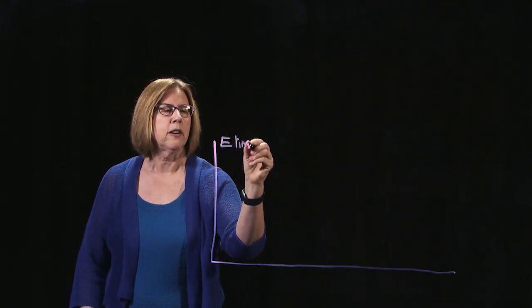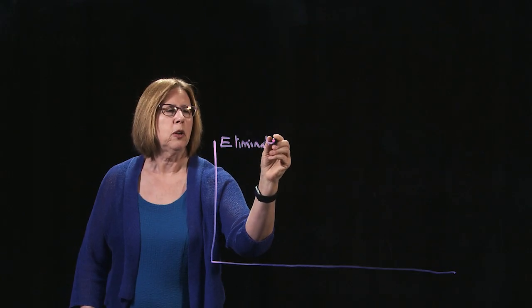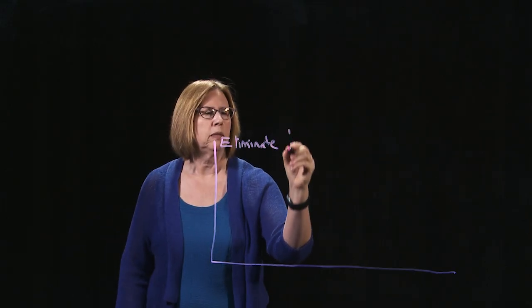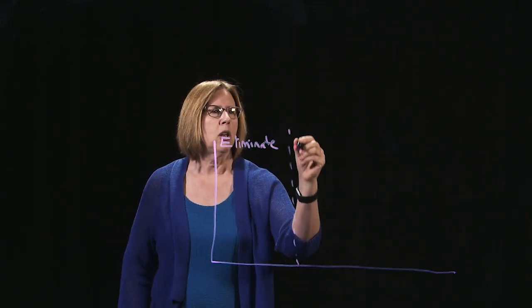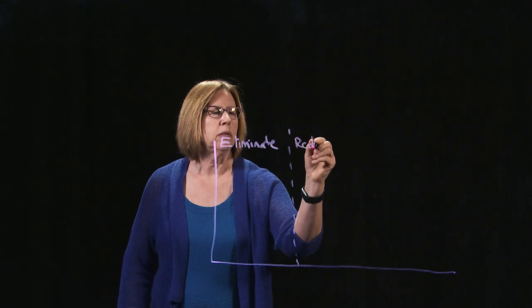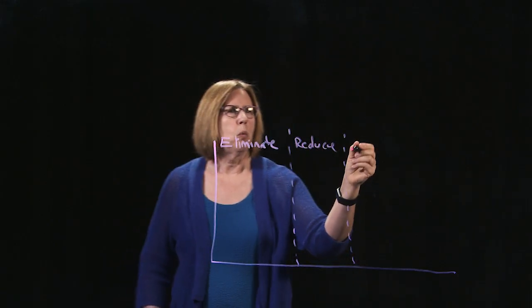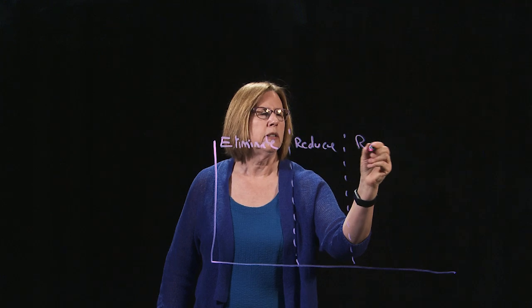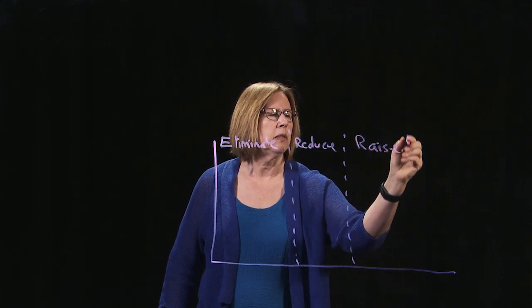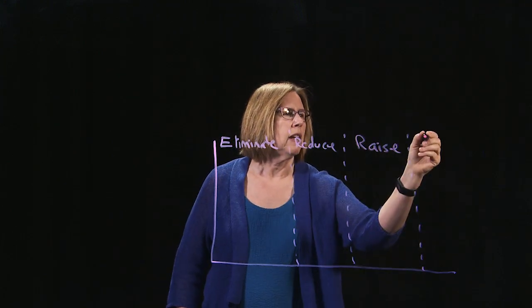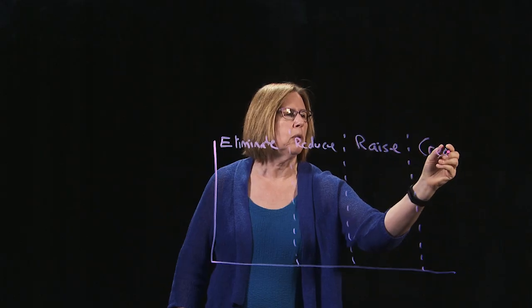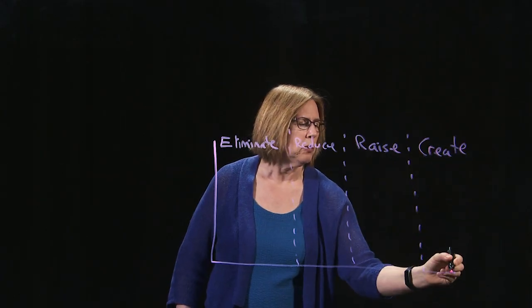Relative to your competitors, what are you going to eliminate? What are you going to reduce? What are you going to raise or increase? And what's going to be brand new? What are you going to create?